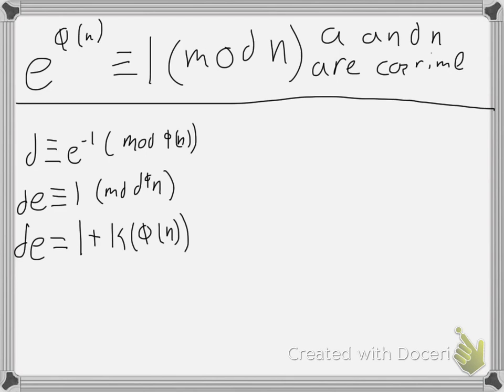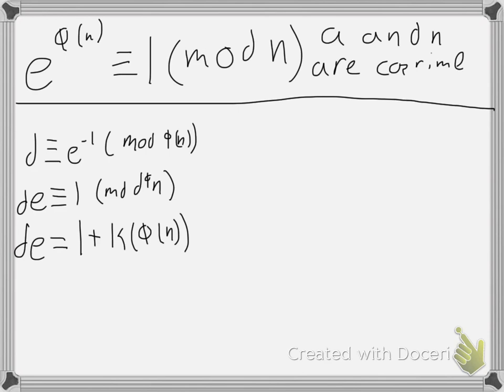And this is because, while we don't know how many phi n's there are between de and 1, and because we don't know how many times we max out our modulo before we reach just this normal 1, we do know that we can max it out, which is why we have this unknown integer k here.